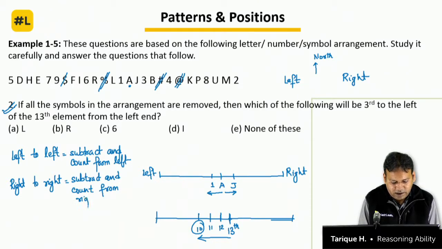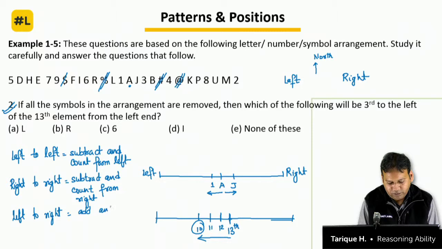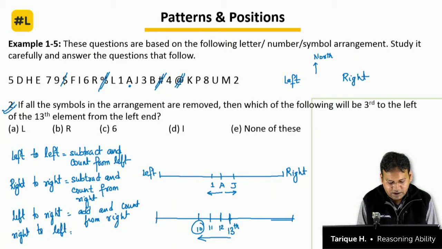If we get something like left to right, we add and count from right. And finally, if we get right to left, this will save time for you in the examination, we add and count from left.